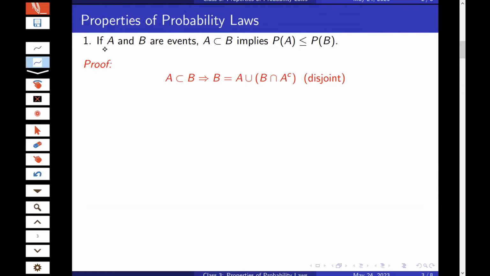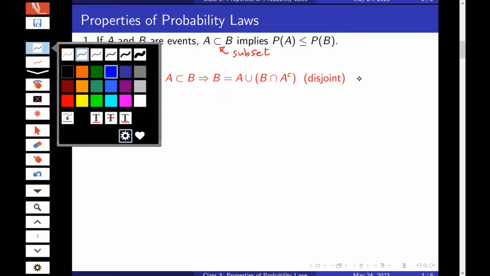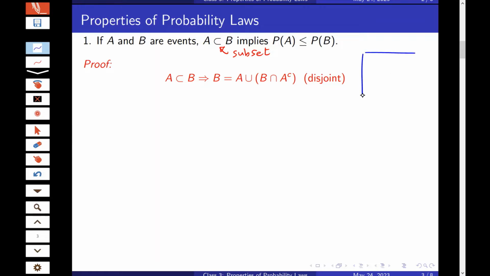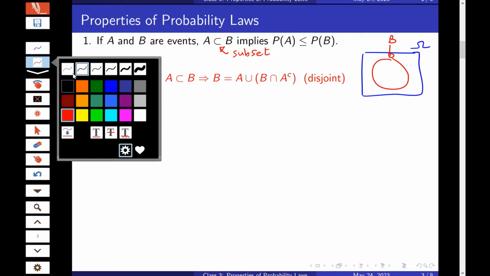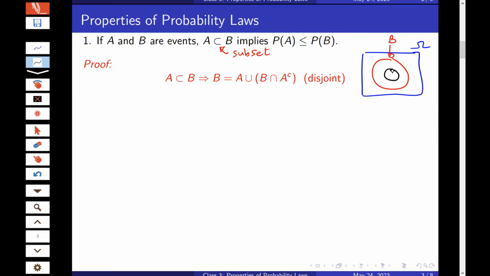We learned this one in the last class. If A and B are two events and A is a subset of B, so this is the subset notation, meaning A is living inside B, then the probability of A, the likelihood of A happening, is less than or equal to the probability of B. If I draw this, this is my omega, and this is event B, and inside event B we have event A. So that's the meaning of a subset.